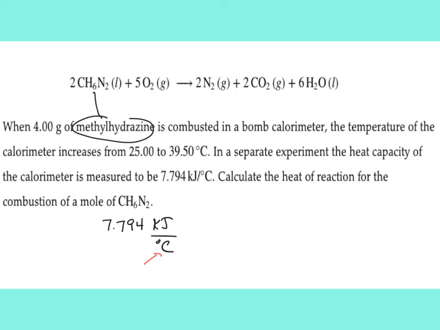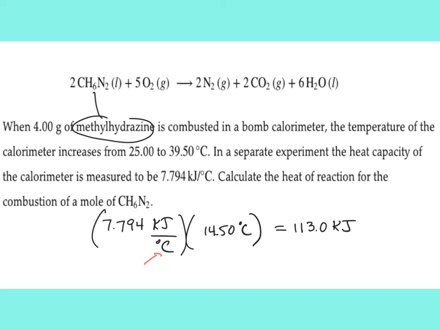As you recall, delta T is equal in Kelvin and Celsius. And so all we need to do is multiply this by the delta T, which is 14.50 degrees Celsius. Okay? And that calculates to 113.0 kilojoules.